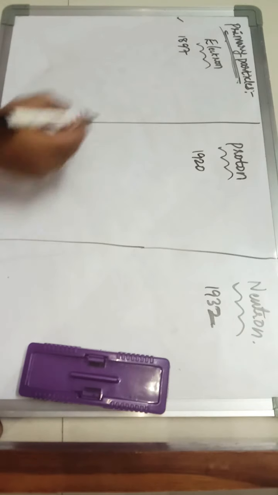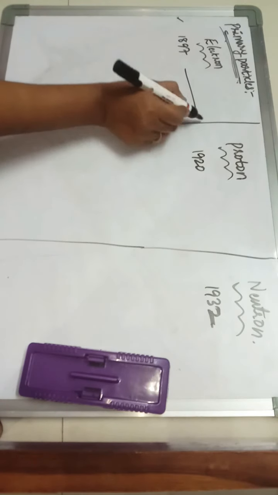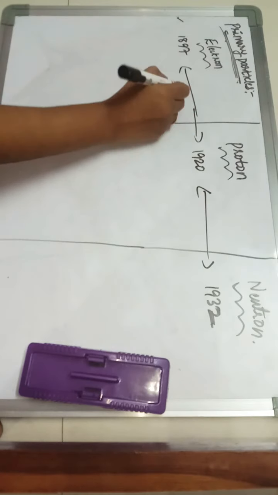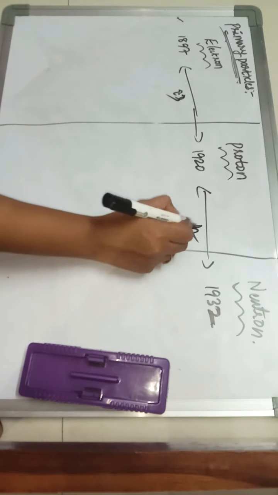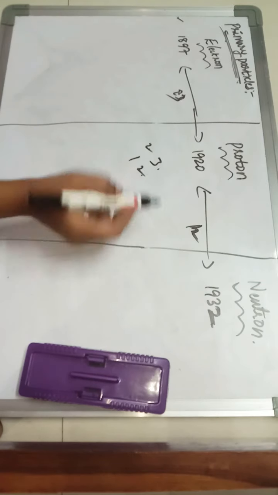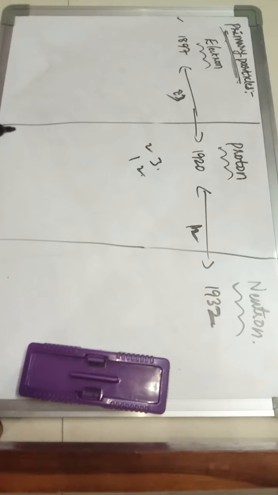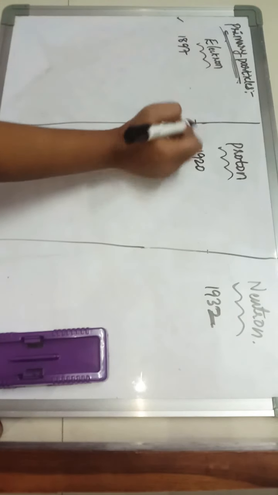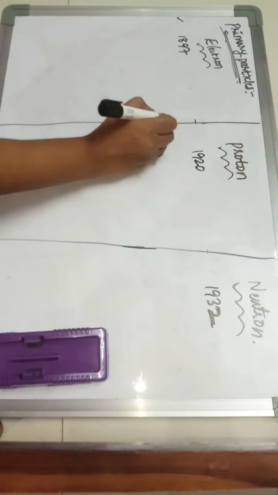For remembering, between the first two years there are 23 years, and between the next two years 12 years. Just remember 23 and 12, or 2 and 1 3. It is an easy small logic for remembering.